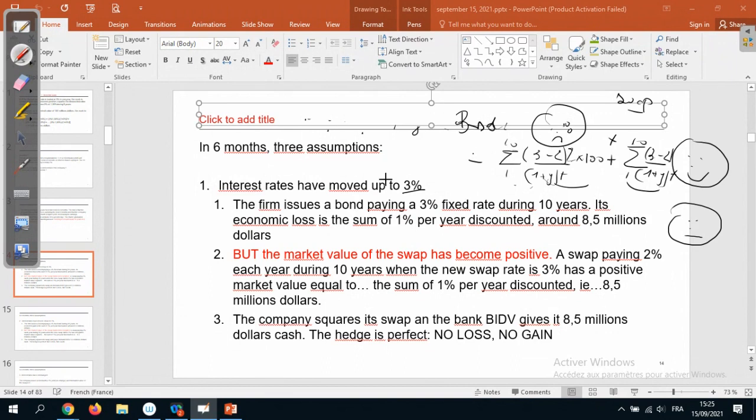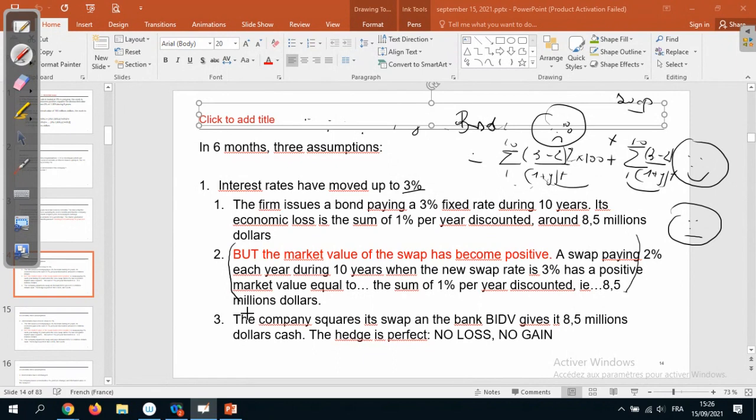The loss you have when you issue your bond is offset by the gain on the swap. The market value of your swap has become positive. A swap paying 2% each year during 10 years, when the new swap is 3%, has a positive market value equal to the sum of 1% per year discounted. Exactly the same amount.